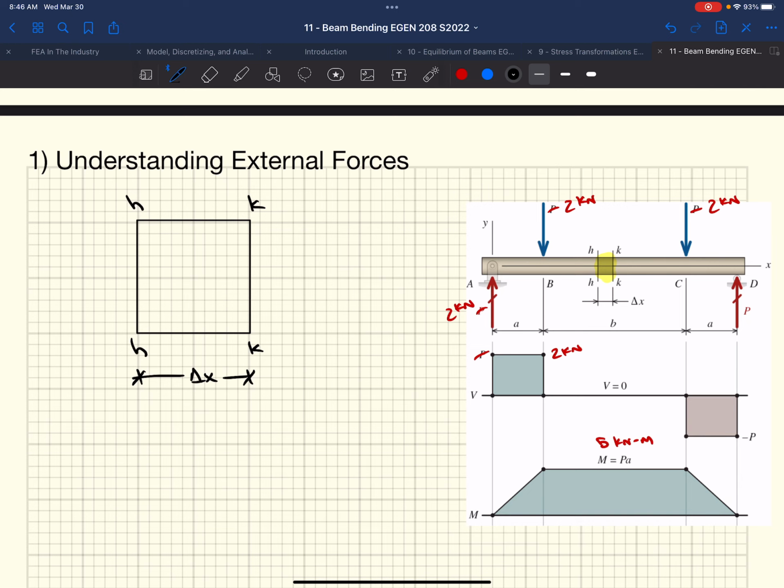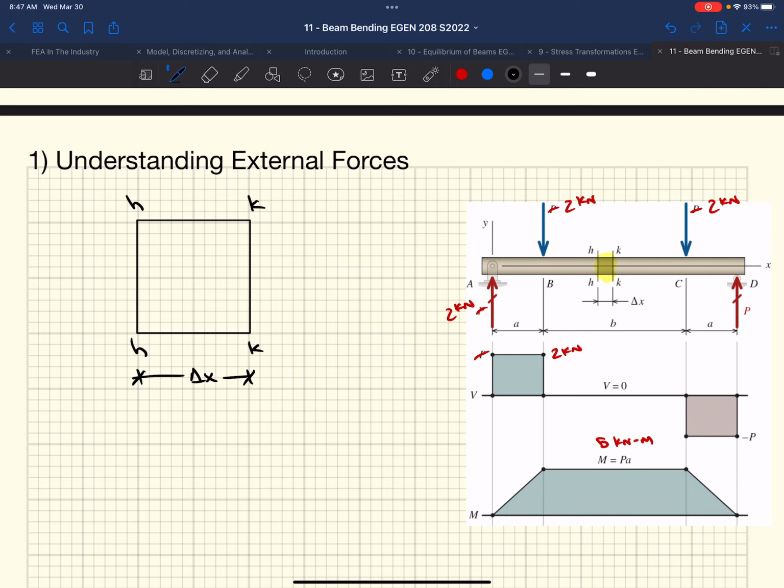Well, that's why we went through and calculated our internal forces, right? Our shear diagram and our moment diagram give us our forces acting at any point along this beam. Well, at H, H, K, K, that small little segment of beam, we've got 0 shear force, okay? That means we got 0 forces acting up and down on each one of these faces. And then we have a moment of 5 kilonewton meters.